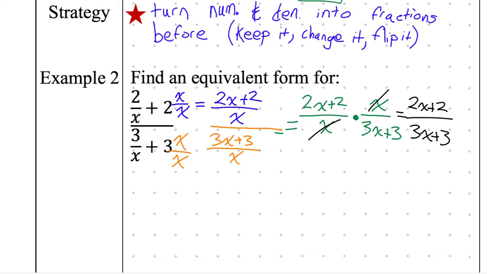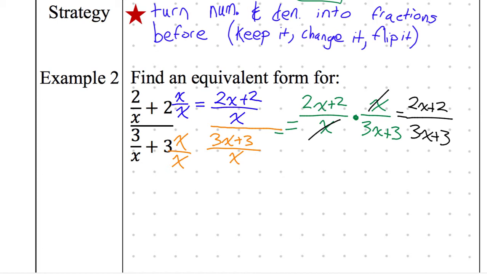See if someone can find the next step. Ooh, yeah, Eva, go for it. It's a good idea, and it doesn't quite work, because we can only cross off things that are being multiplied, right? So we can only cross off when everything is being multiplied.